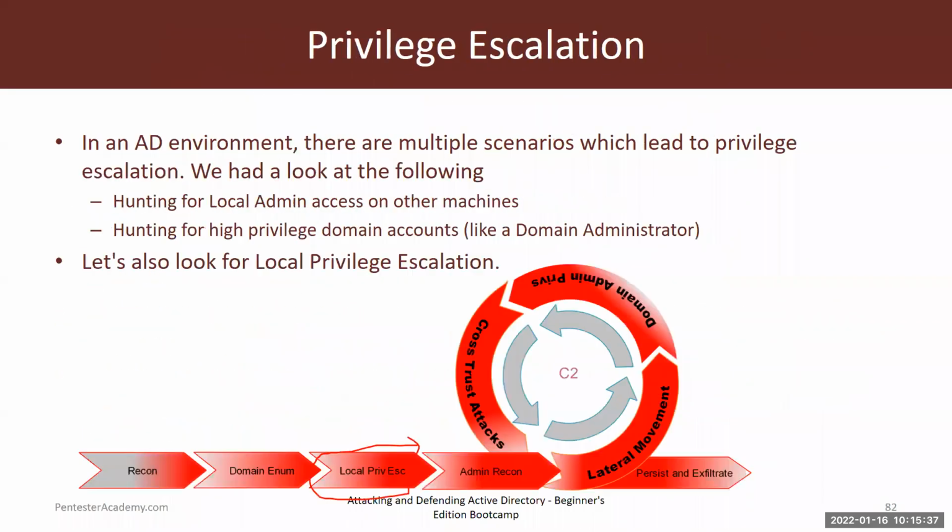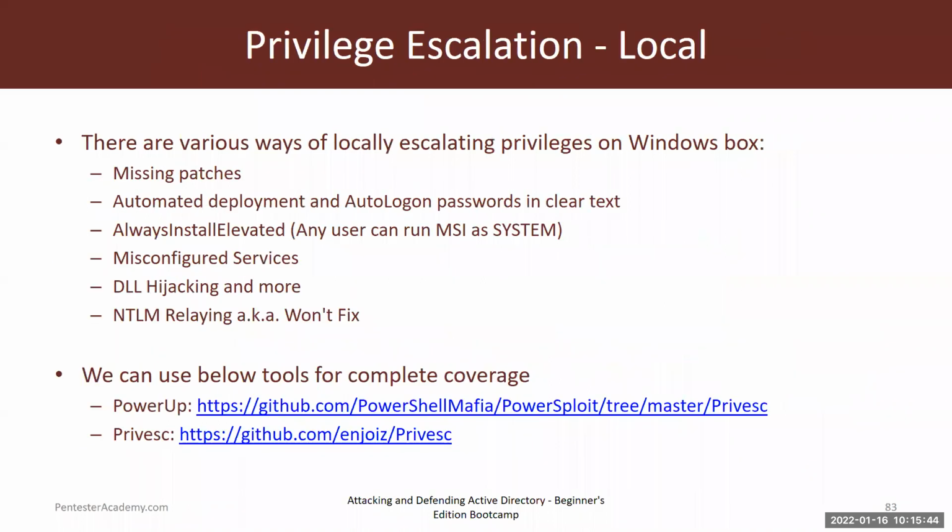All right. So now let's come to privilege escalation. How do you escalate privileges locally on a Windows machine? That is, let's say you have a foothold like you have in the lab. How do you escalate privileges locally? There are various ways of doing that. You can abuse missing patches.